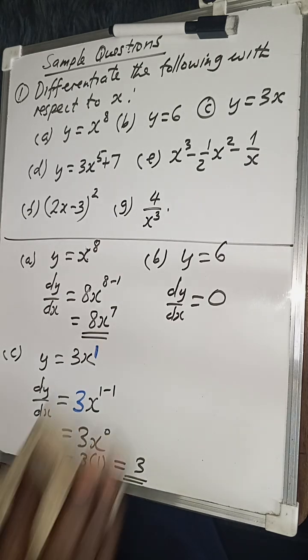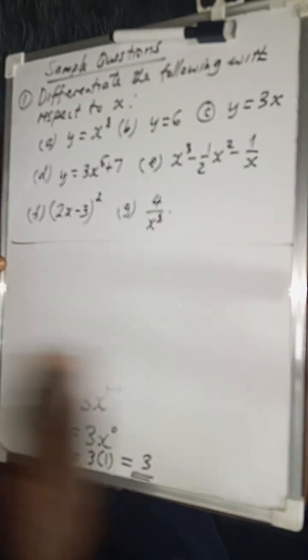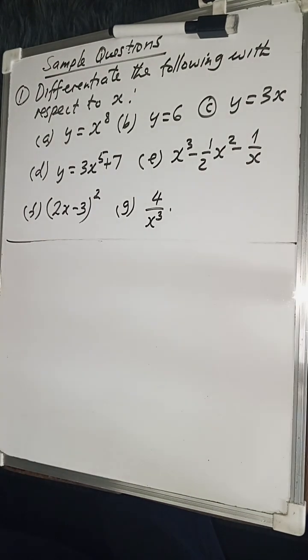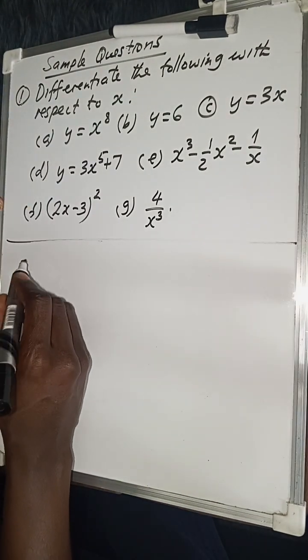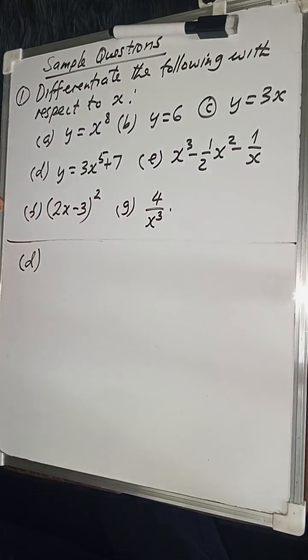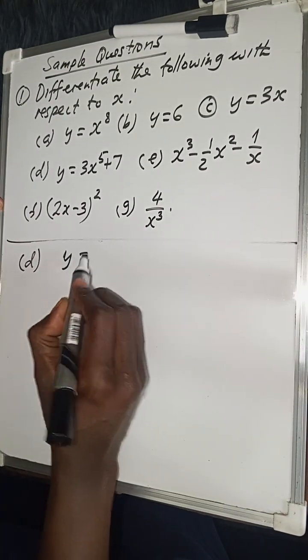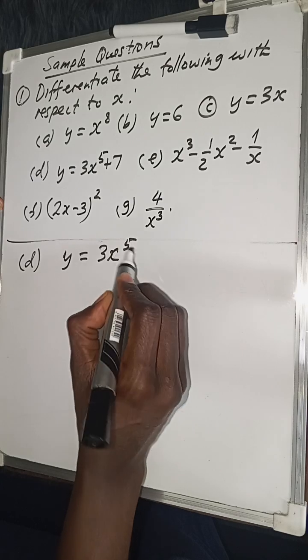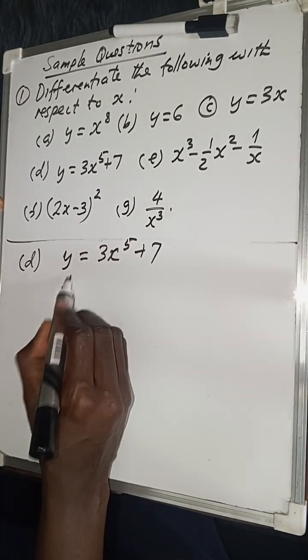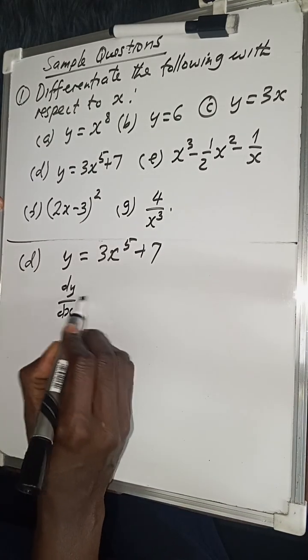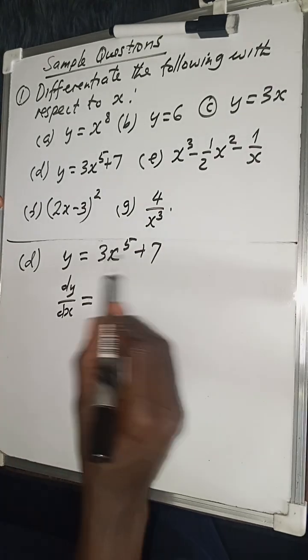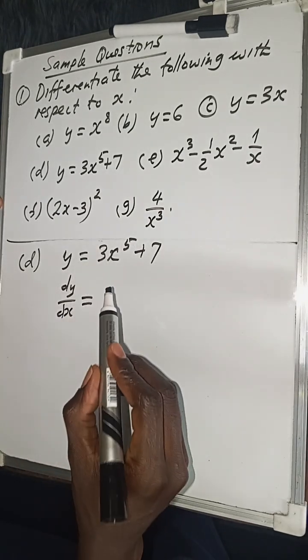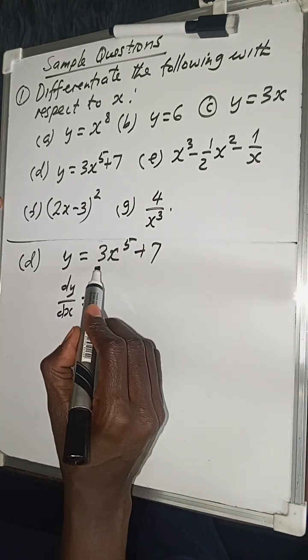All right, let's create some space there and do the D part. Remember, for a polynomial, y is equal to 3x to the power 5 plus 7. What is dy over dx? Well, you do it individually.